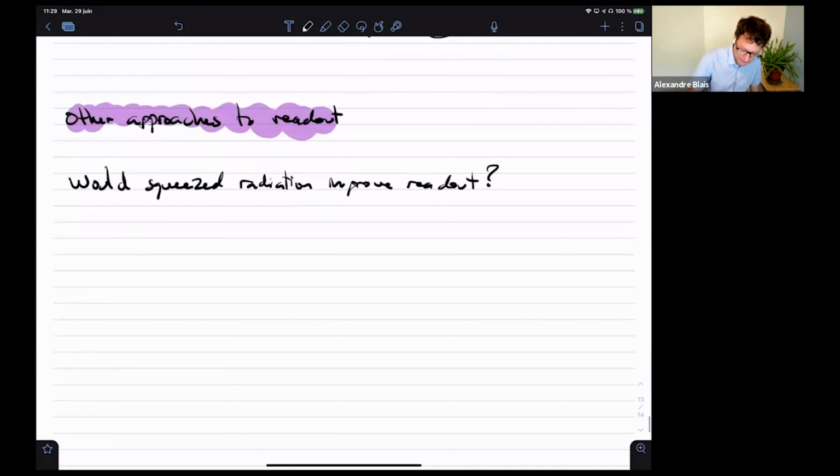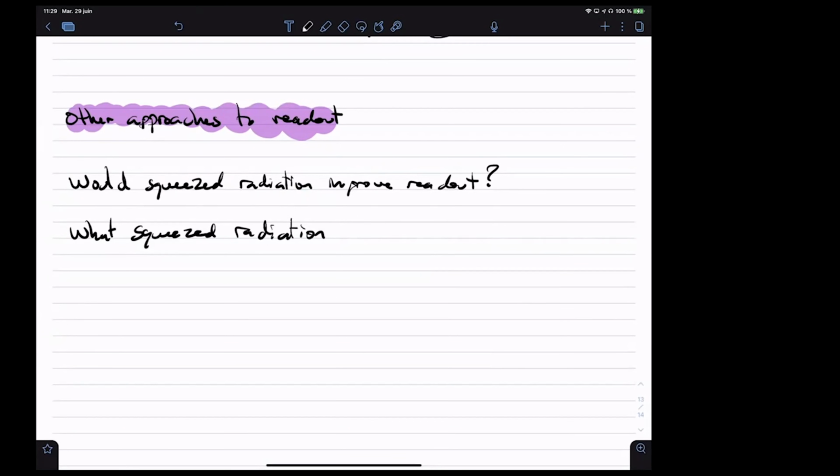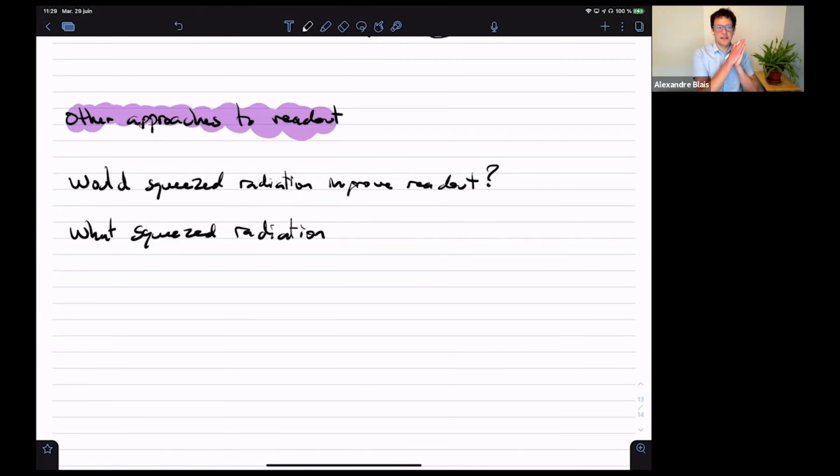So what is squeezing? What is squeezed radiation? And that will come back again. And maybe LIGO was described the first few days, and therefore squeezing described. No, it wasn't, Alexandre. Okay. So it's important. I'll say just a few words, but there's a lot to say about that, of course.